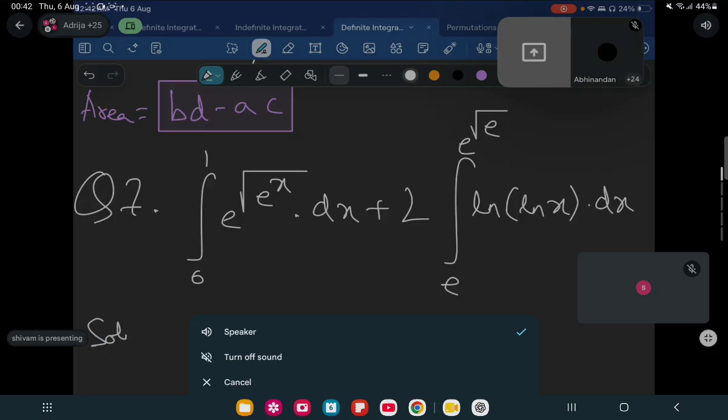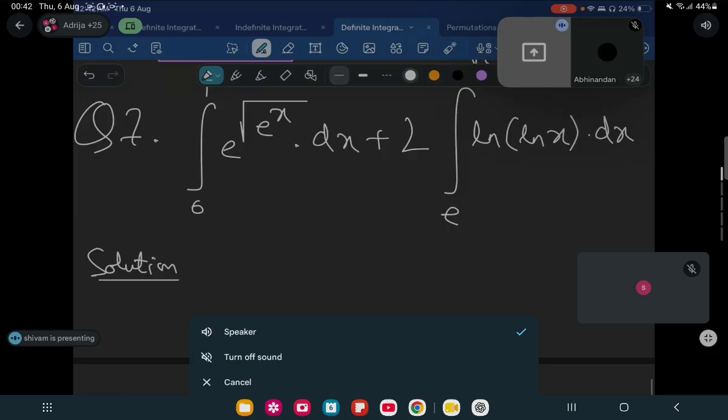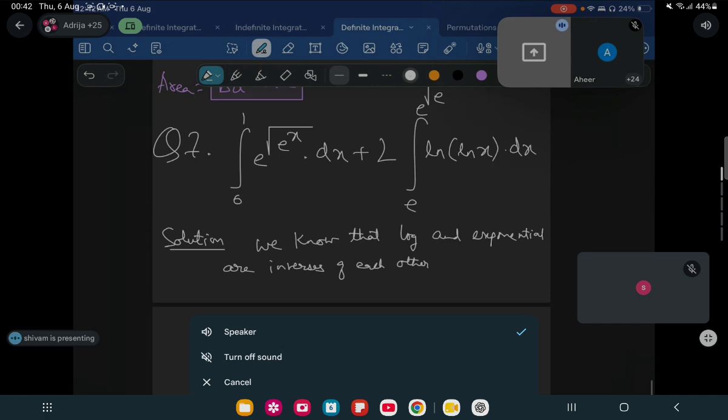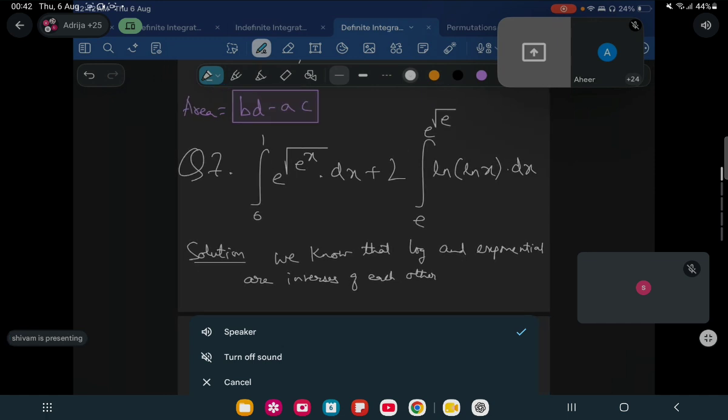Okay, let me start. We know that log and exponential are inverses of each other, right? Yes, sir. So maybe over here I'm going to get the inverse.